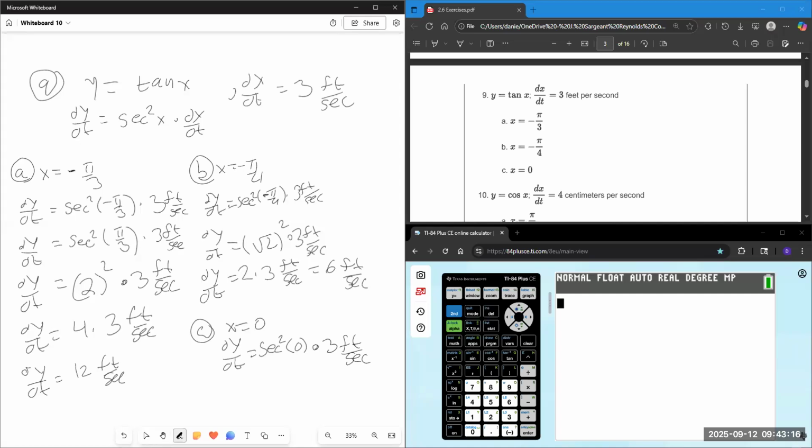So dy/dt is equal to 1 squared times 3 feet per second, which is 3 feet per second. So that was number 9. Let's look now at number 11.